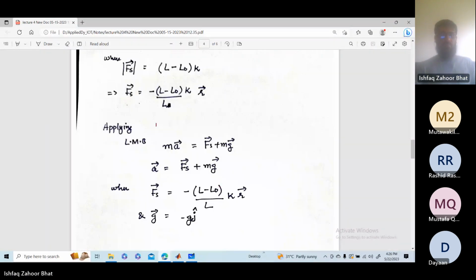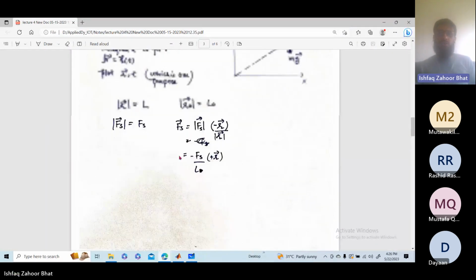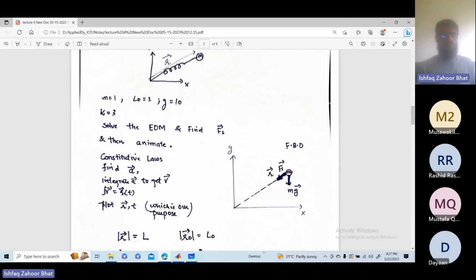So now, what is the magnitude of the spring force? You already know when we have a spring and its normal length is L, so let us shift to the whiteboard.